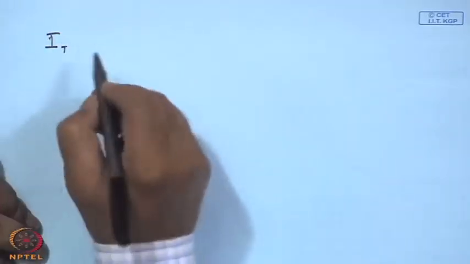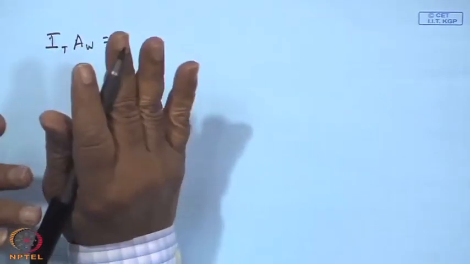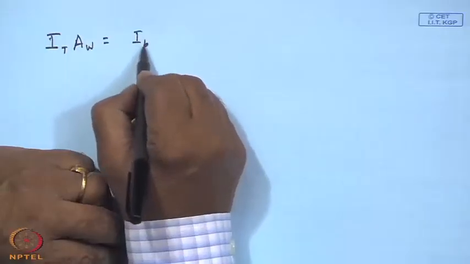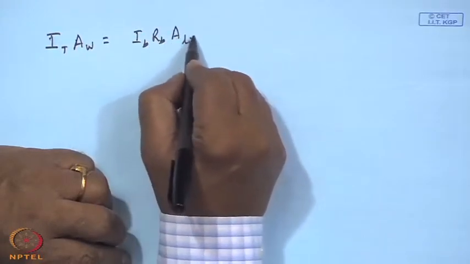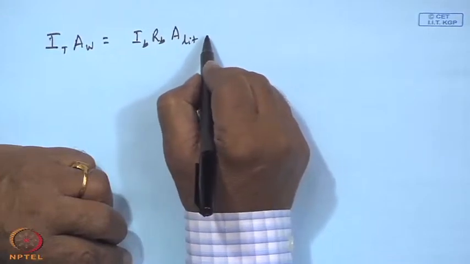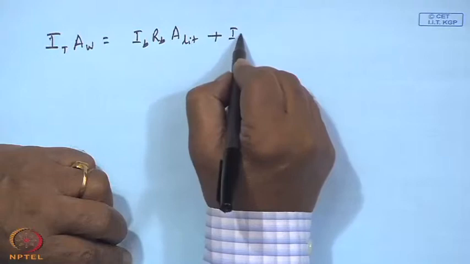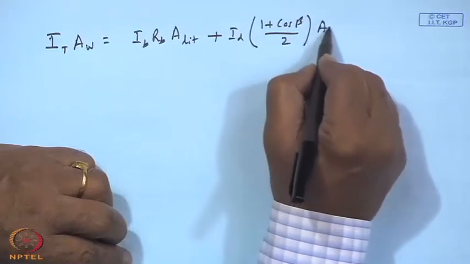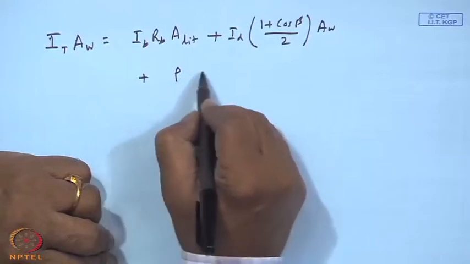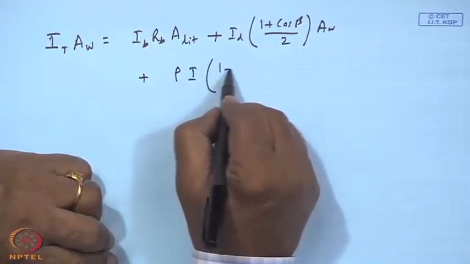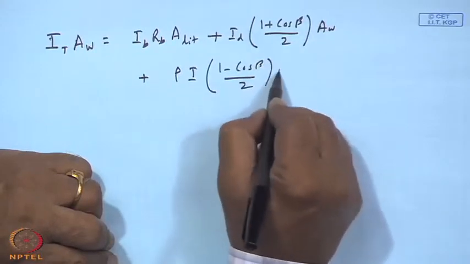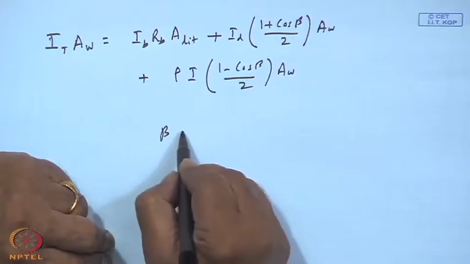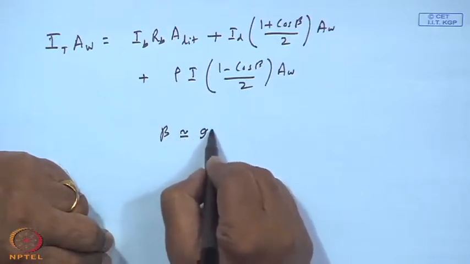So, if I try to write the solar radiation received by the window per unit area of the window, IT into AW is the total quantity of solar radiation that the window is receiving, which should be equal to Ib rb multiplied by only the A lit, because the beam radiation does not fall on the shaded area, plus the diffuse radiation I d times (1 plus cos beta) by 2 times AW, plus rho, the ground reflectance, multiplied by I into (1 minus cos beta) by 2 into AW, where beta in general is equal to 90 degrees.